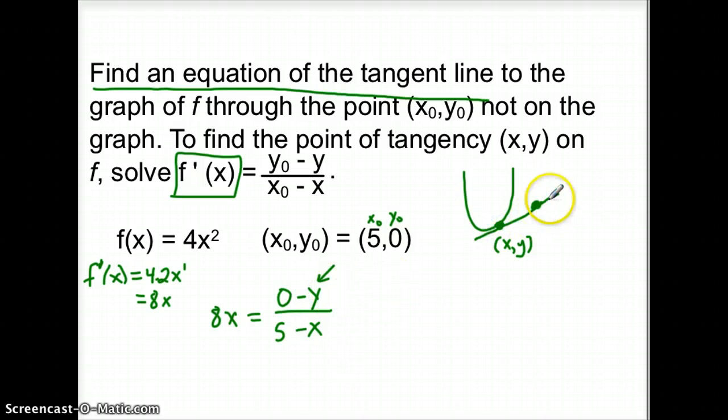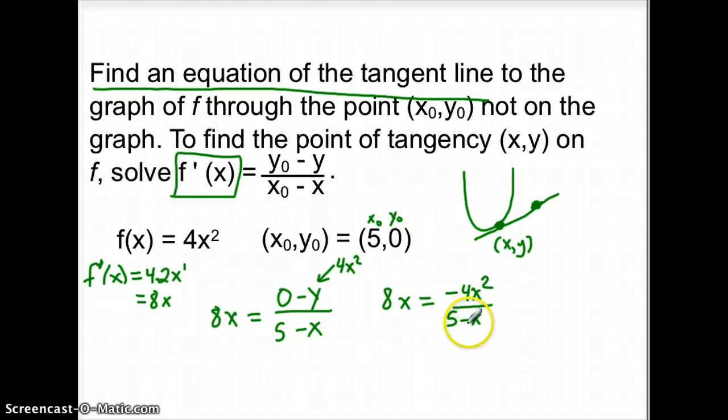Plug it into the straight line equation, I'll get a certain value, or if I plug it into the curve, I'll get that same value. Well, I don't know the equation of this straight line, but I do know the equation of the curve. So, because whatever x I plug in for this point x, if I plug it into 4x squared, it will give me the y. So now I have 8x equals negative 4x squared.